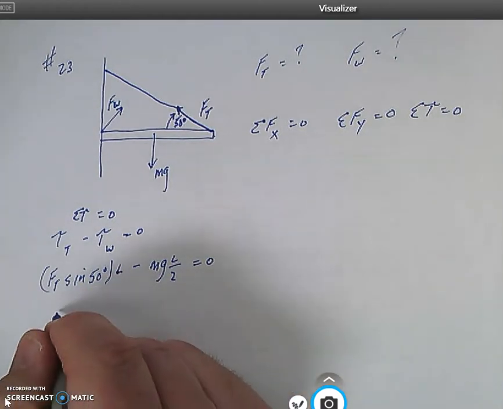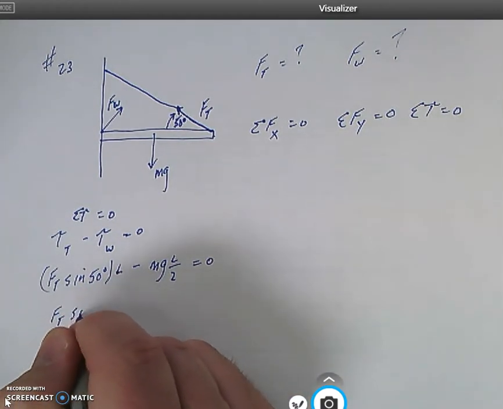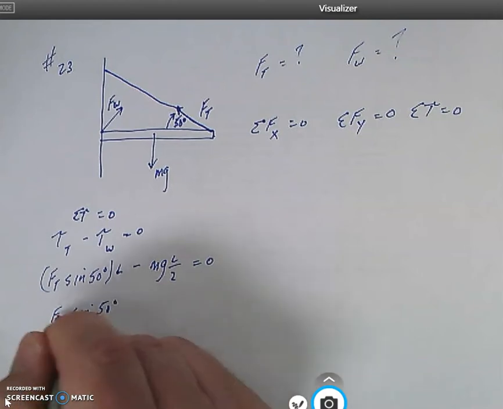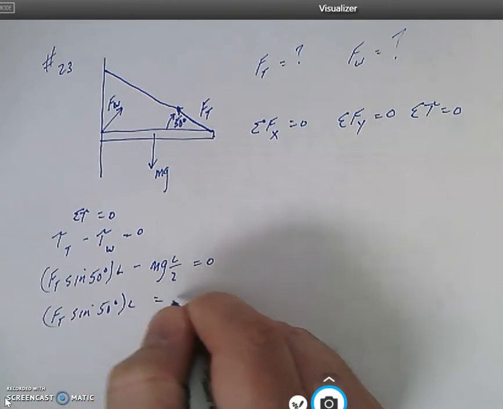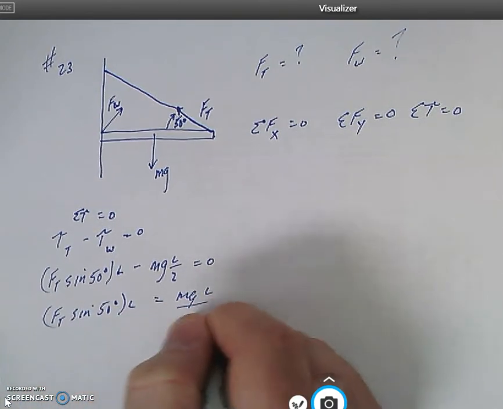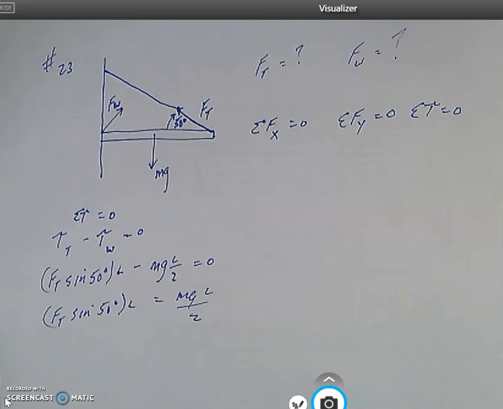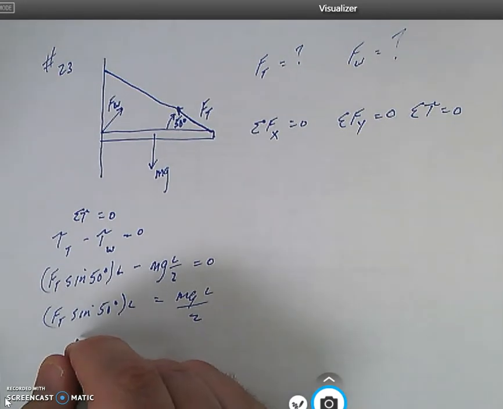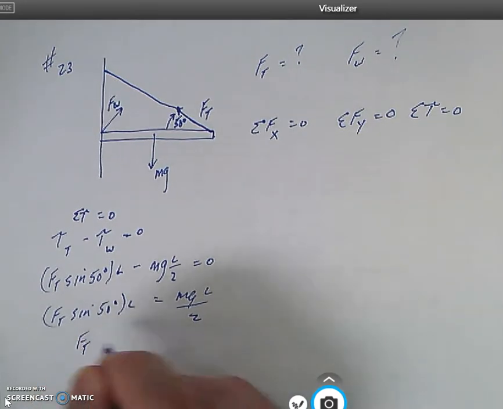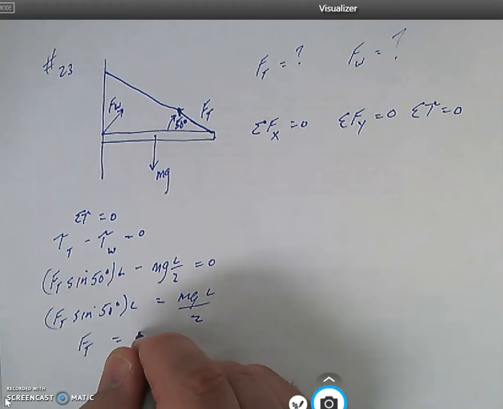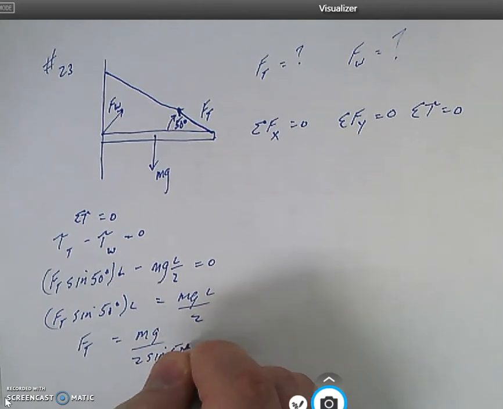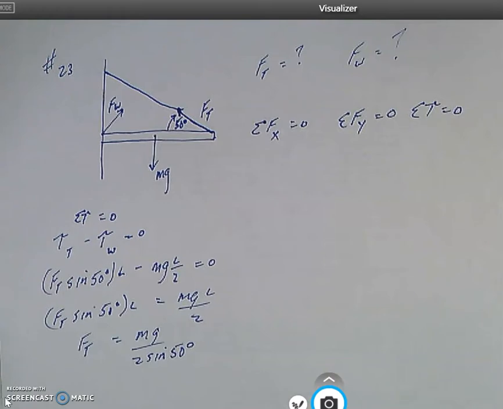So then Ft sine of 50 degrees times L must equal mgL divided by 2. If I get rid of the L's and divide by the sine of 50 degrees, then Ft is equal to mg divided by 2 times the sine of 50 degrees.